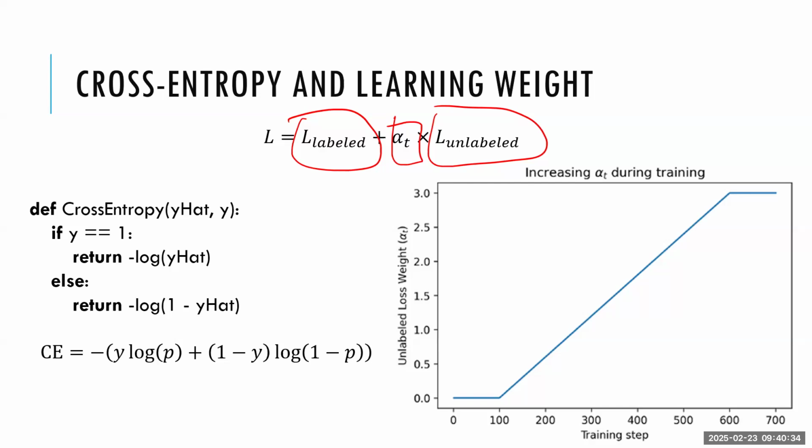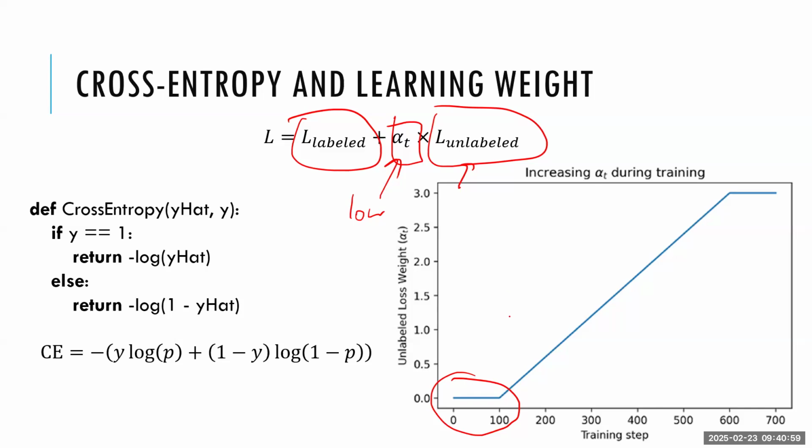Because this one is inaccurate, at the beginning you would set this to be very low. So at the start, maybe the first 100 epochs, you set this to be very close to zero, like 0.01 or something like that.